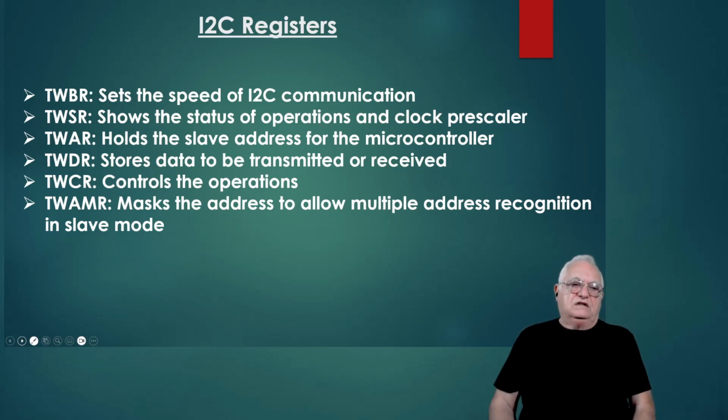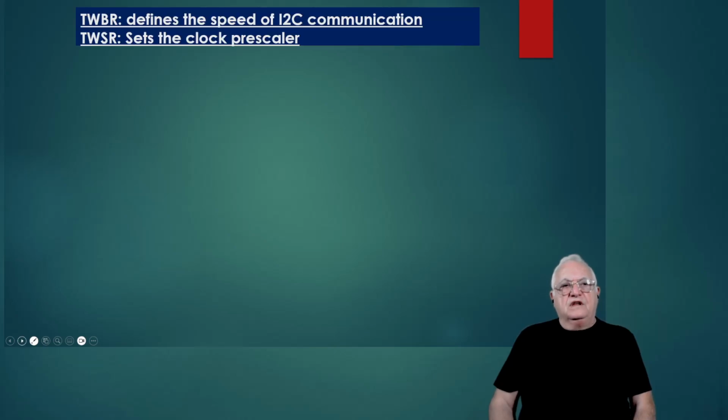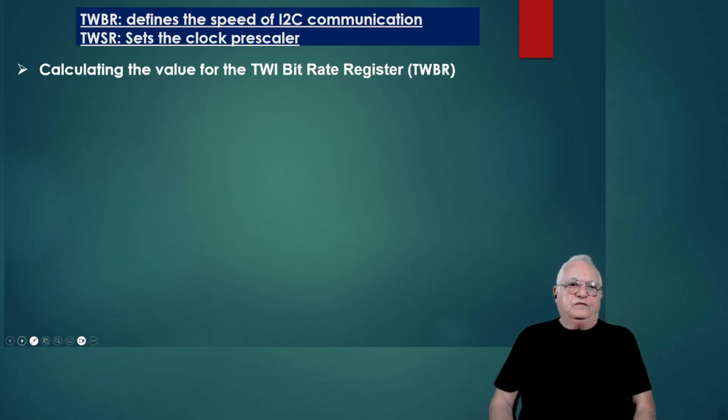So let's look at each of these registers in detail. We're going to look at two first: the TWBR, which defines the speed of communication, and the TWSR, which sets the prescaler. Okay, calculating the value for the TW bitrate register.